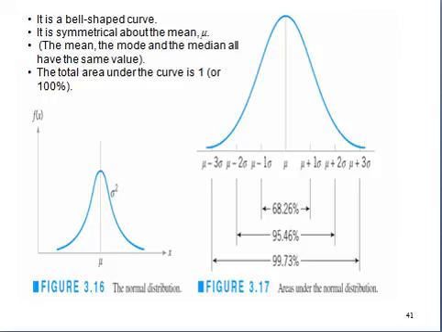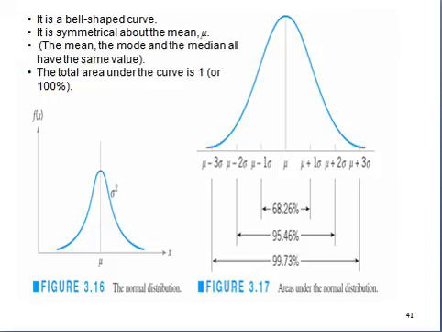If I go one more sigma, so plus minus 2 sigma, that would be 4 feet 7 inches and 4 feet 3 inches, and 95.46% of the people will be in that height range. So that's basically the application of the normal distribution, and it's a bell-shaped curve.